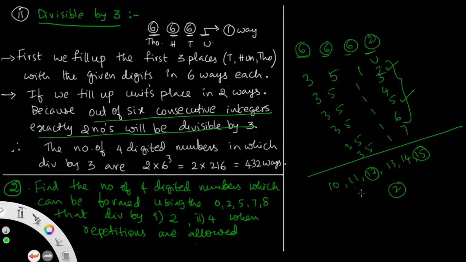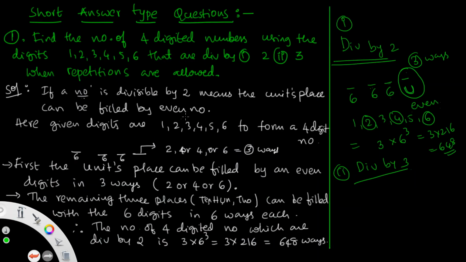For the SAQ's first question, read what is given properly. Divisibility by 2 using the digits 1, 2, 3, 4, 5, 6, and divisibility by 3 using the same digits. Divisibility by 2 means the units place must be filled with even numbers. Among the digits 1 to 6, 2, 4, 6 are the even numbers, so the units place can be filled in 3 ways.